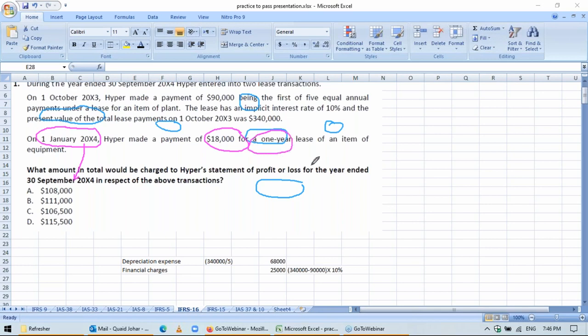In this case, you won't be recognizing right of use and liability. You will directly charge rent expense in the profit and loss account, but not for a year, for 9 months, because the expense depends on the services you have taken. You have just taken services of 9 months in this year, so you will recognize expense for 9 months.